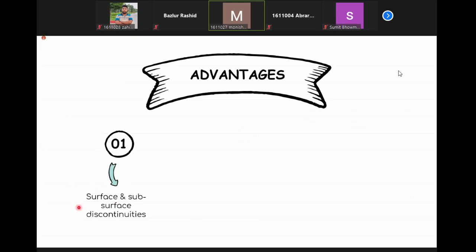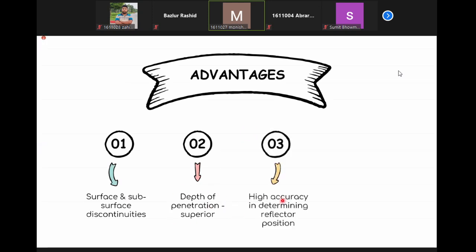The advantages are that surface and subsurface defects can be detected here. Depth of penetration is much higher, with accuracy in determining the flaw position. Previously, we checked eddy current, magnetic particle, and radiation. Those told about the position of the flaw but couldn't predict how deep the flaw was.